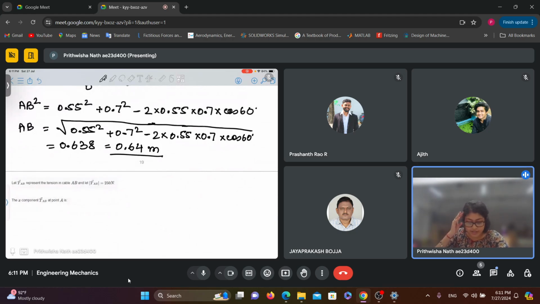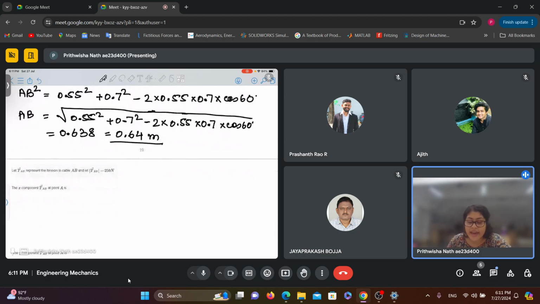Now again we need this triangle to find the angle. Here we will use the sine rule.